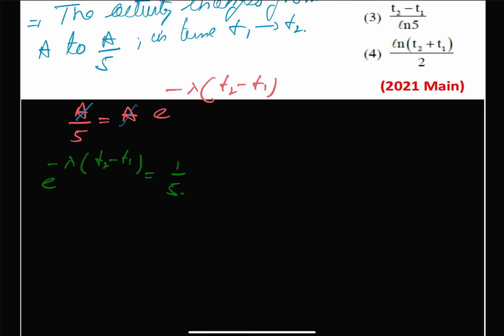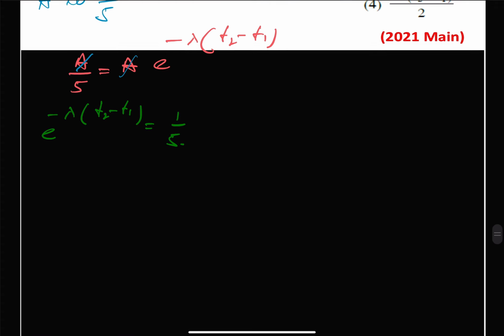Taking natural log, minus natural log of 5 is equal to minus lambda T2 minus T1.